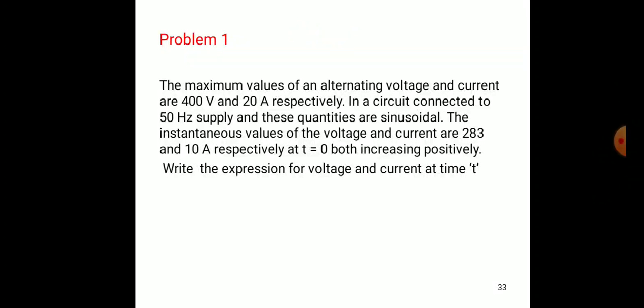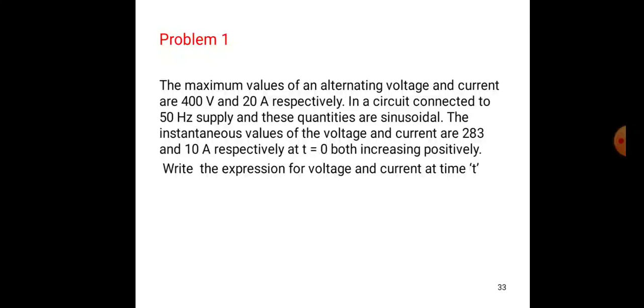What we have discussed until now are the different parameters involved with the AC quantity: the instantaneous value, the time period and the frequency, the maximum or peak value, average value and RMS value, and the form factor and the peak factor.